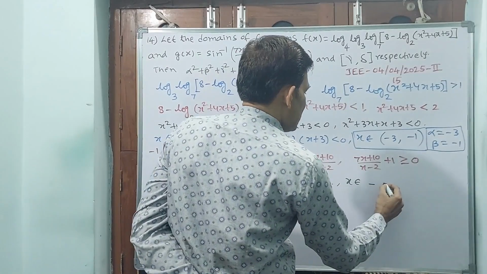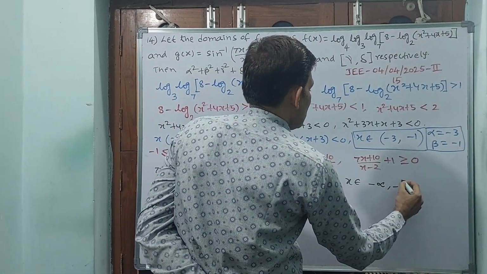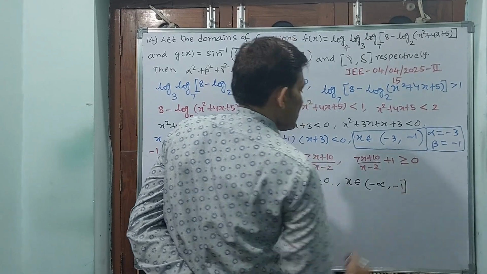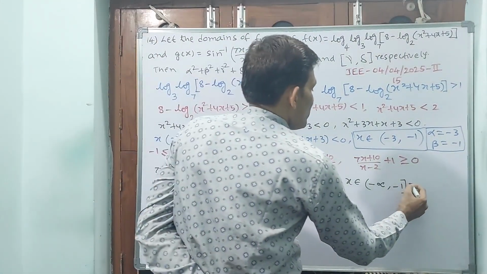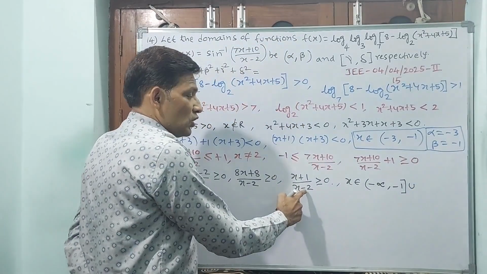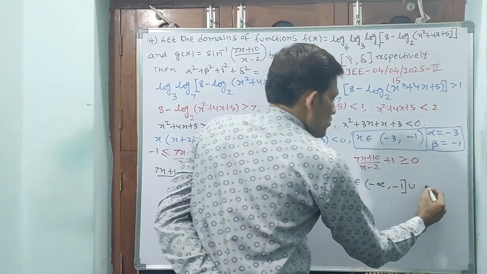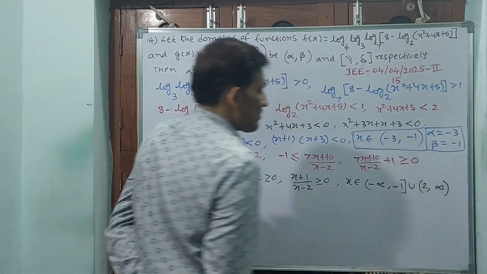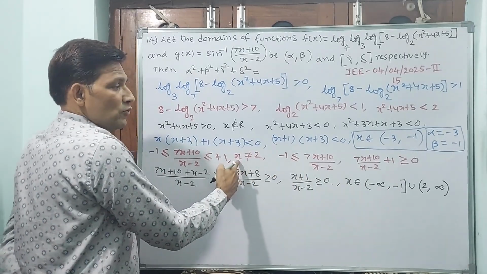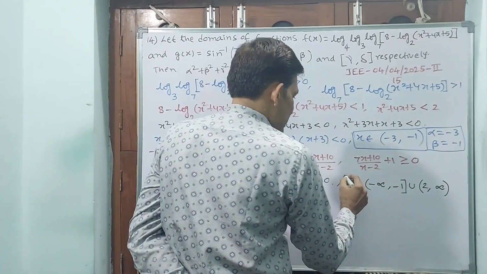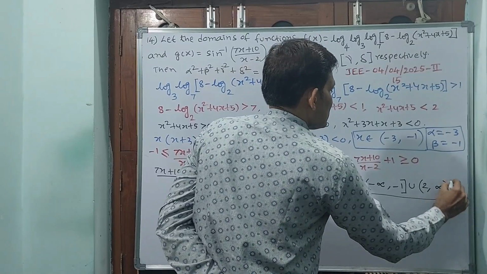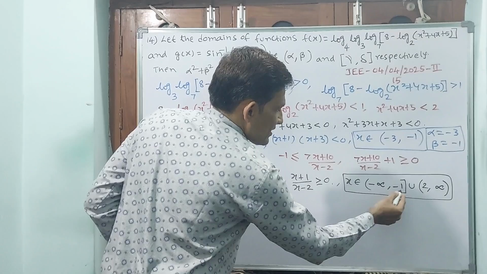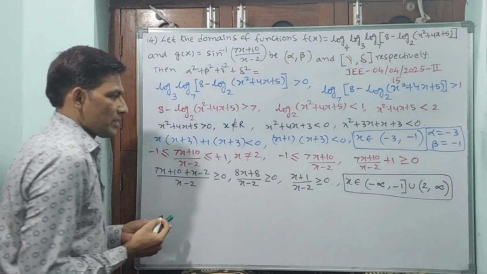So minus infinity to minus 1, where taking a closed interval at minus 1 is not a problem, union 2 to plus infinity. Infinity is anyway an open interval, and 2 is also open, because if you give 2 this is going to become undefined. So minus infinity to minus 1 union 2 to plus infinity.